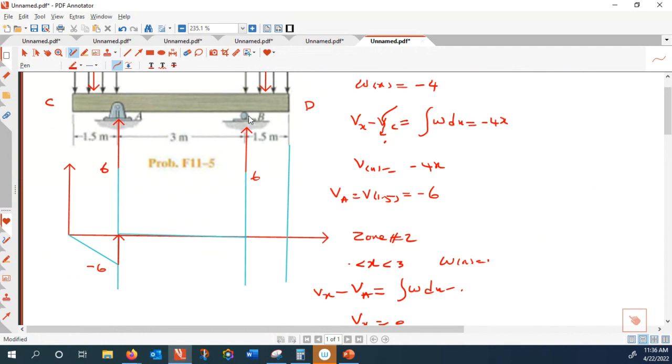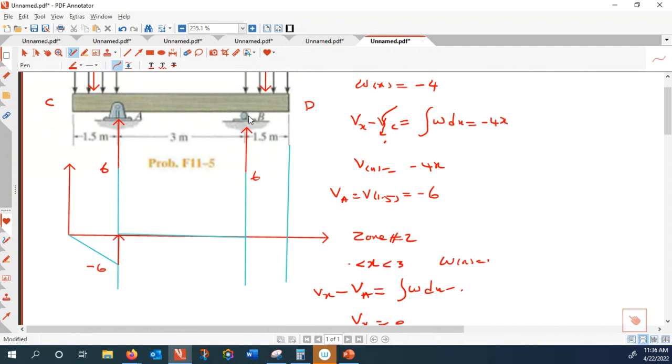So here we are talking about after, right? Here there is a +6, so this should be taken as 6 because we have a discontinuity here. So it was 0 just before B. When you get to B, it is the right hand side.